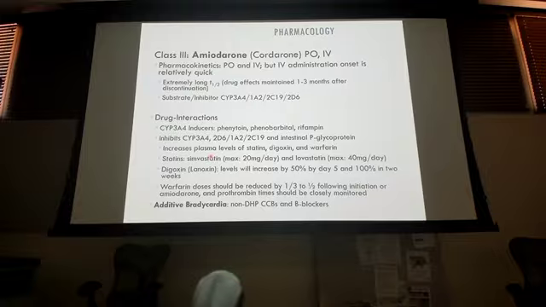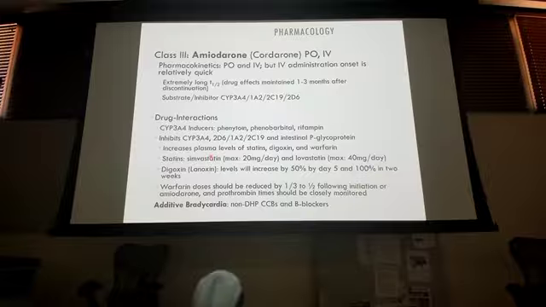Because with IV, my bioavailability is almost 100%, right? It's going in and it's doing exactly what I need it to do. Once we load that patient, we typically are going to switch them to the oral formulation of the amiodarone, and then we kick them out of the hospital, right?